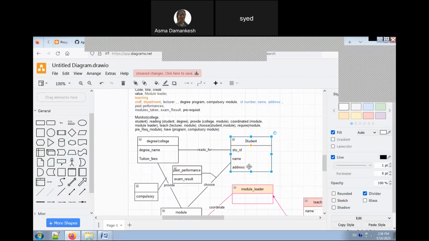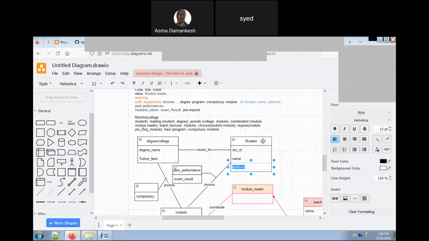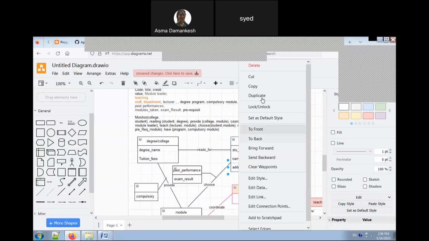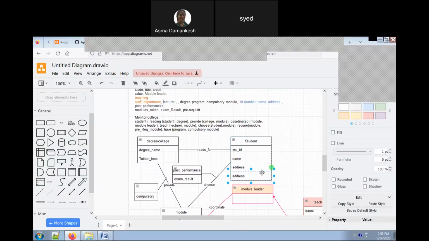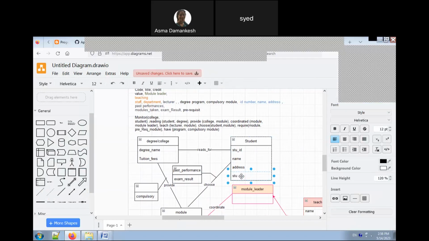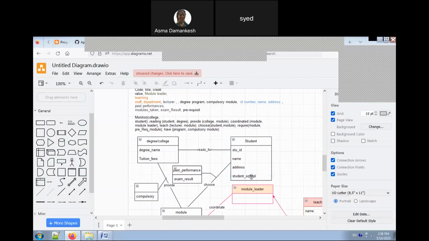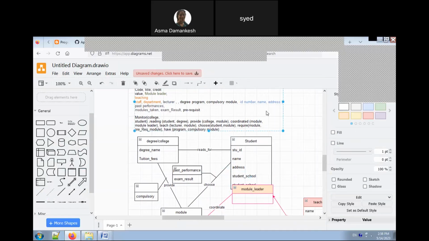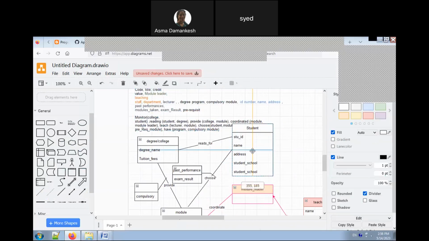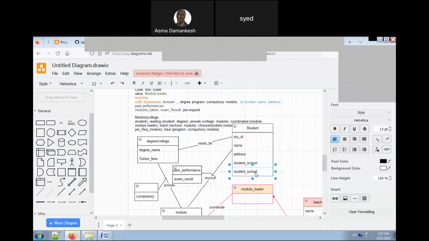For example, if I want to say in this database, I want to keep track of a student, a school name, and a school grade.